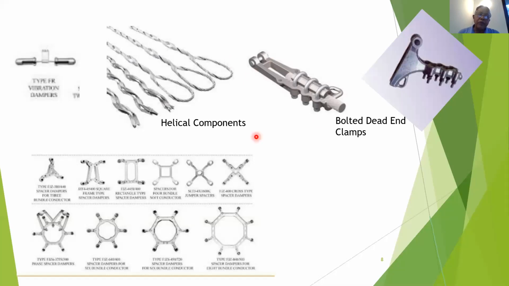As far as possible, you continue that. Even at the jointing point, you continue down to a point and splice the fiber cables with each other from each side, and the dead end clamps are clamped with these sort of helical components.